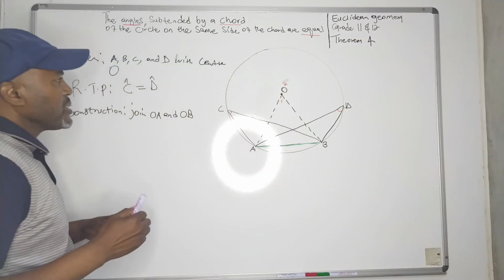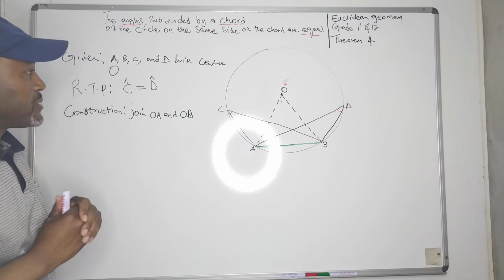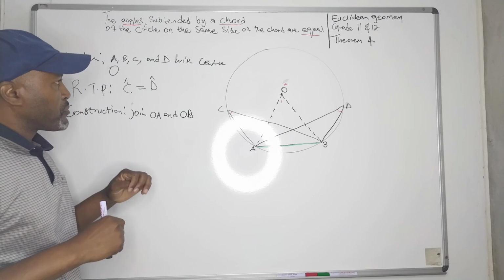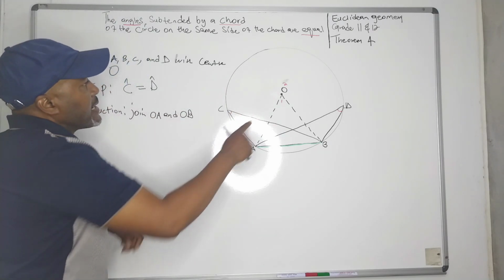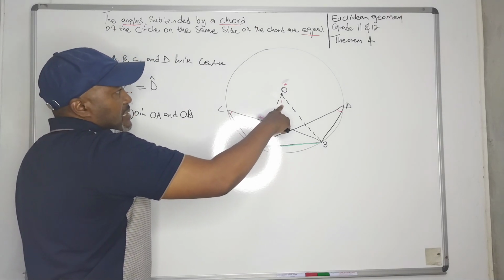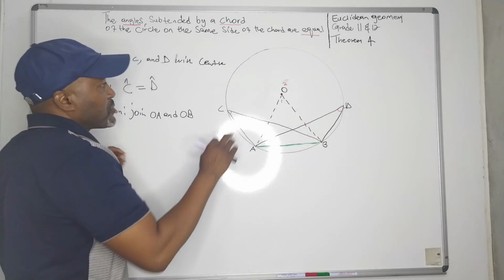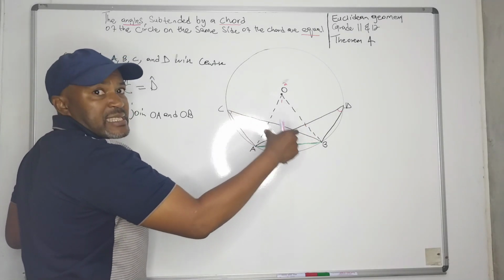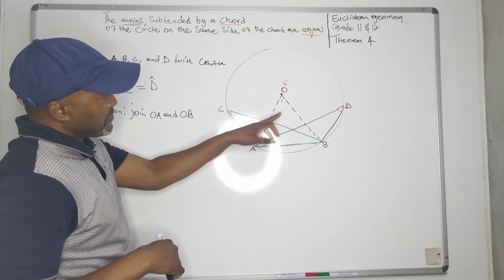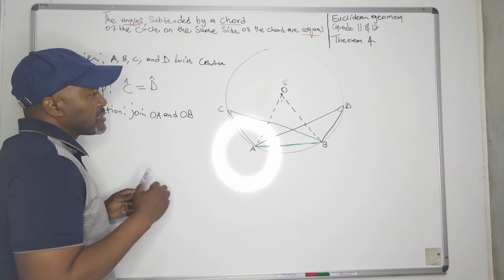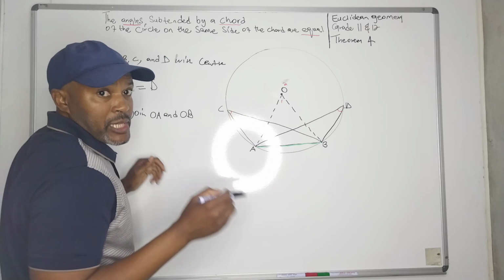Okay. So from the previous theorem, pay attention here. From the previous theorem, we said that this is a center, right? So an angle at the center is double an angle at the circumference, if those angles are subtended by the same chord. When you look carefully here, you can see that the statement applies.